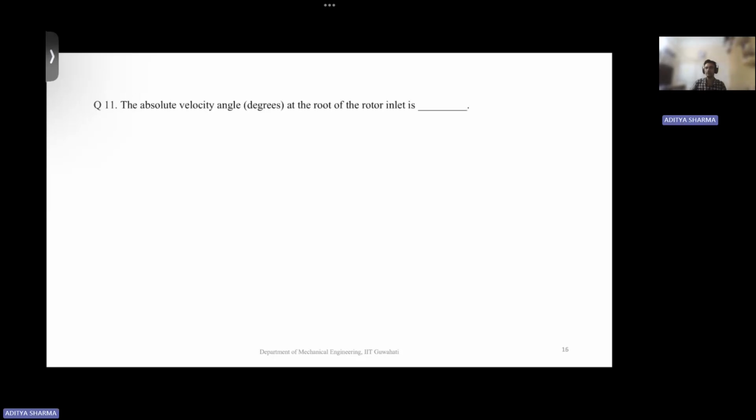Then you have question number 11, which asks for absolute velocity angles at the root of the rotor inlet. So absolute velocity angle basically is alpha.